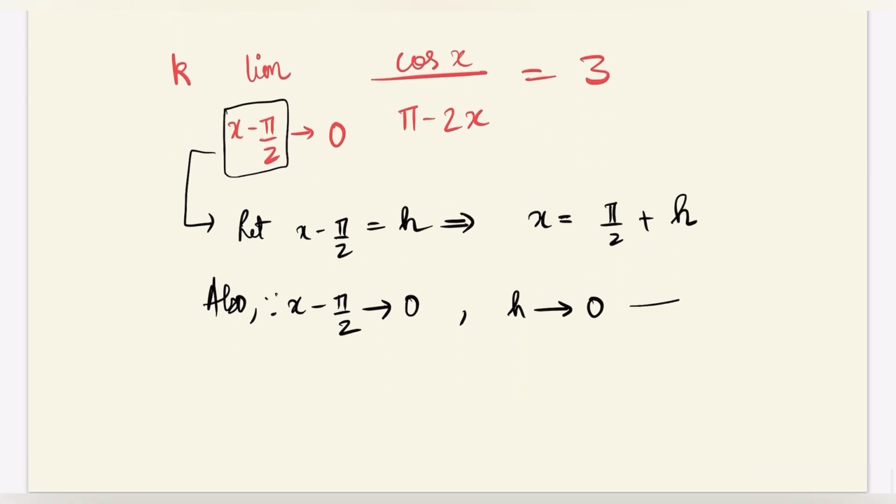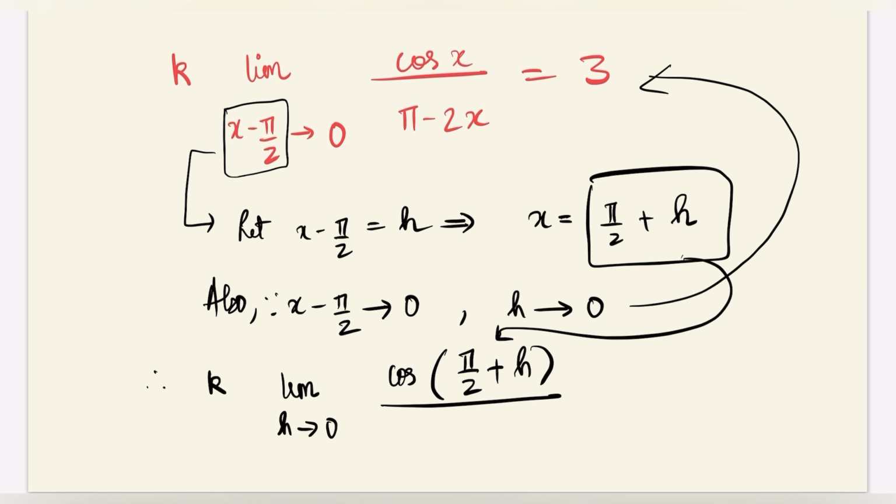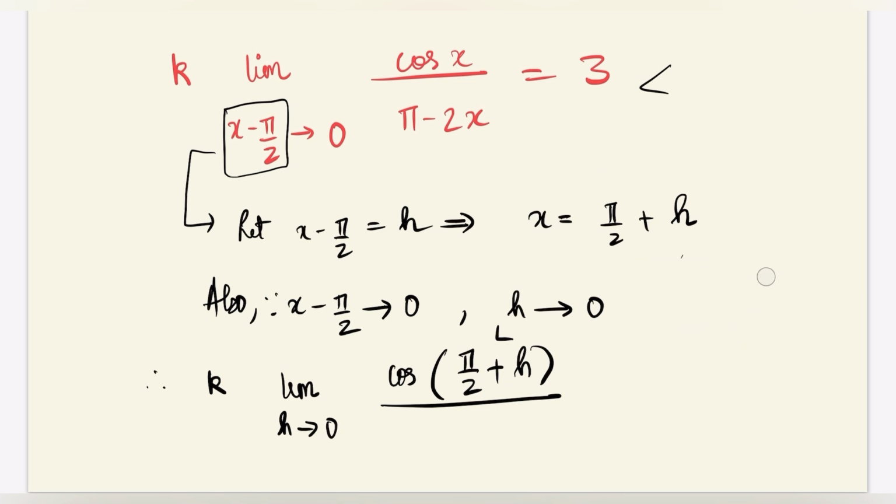So I plug in all these values in the limit over here. So I get something like this: k times limit h tending to 0 cos of, instead of x, I write there pi by 2 plus h. In the denominator, pi minus 2x. Now let us also calculate what is pi minus 2x. So you can see that the value of x is pi by 2 plus h.